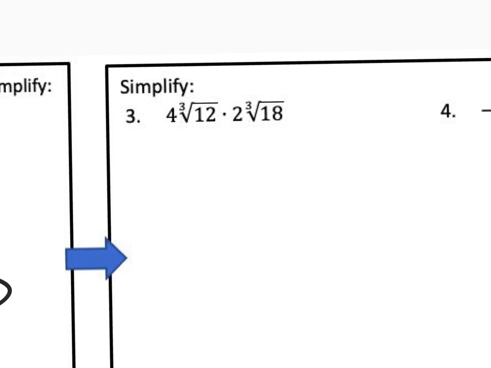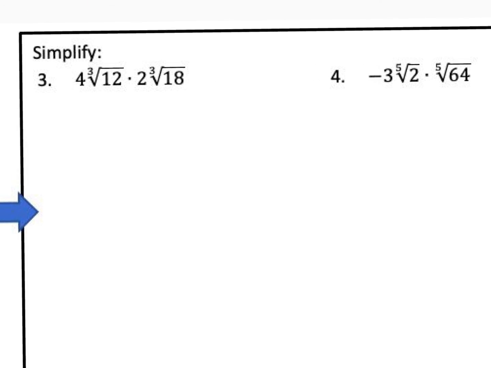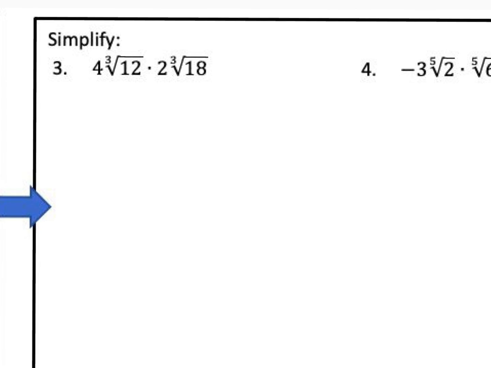So now let's apply this to something new. So let's begin with a cube root example. Now it's important to recognize that the index on each radical has to be the same. These are both cube roots, so I can combine them similarly. Multiply the coefficients together, and then we'll multiply the radicands together.